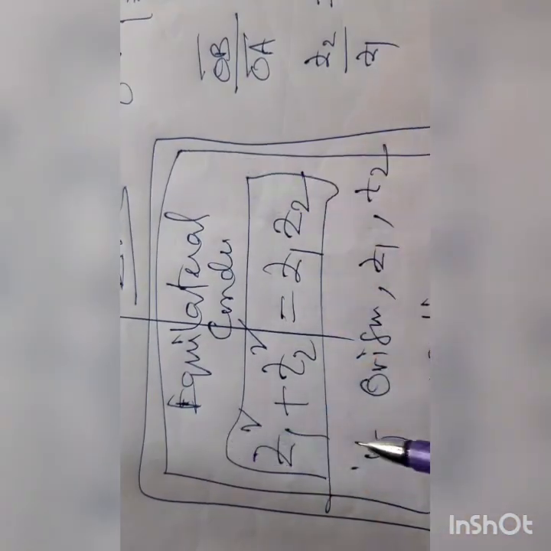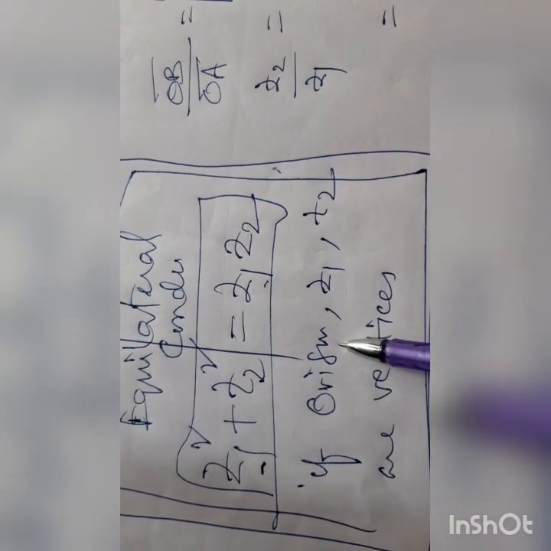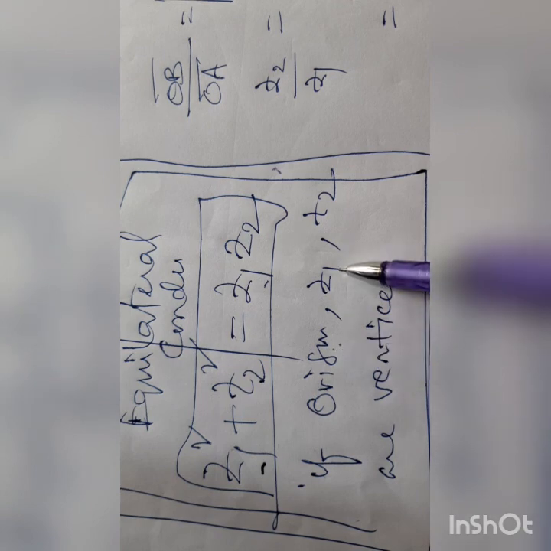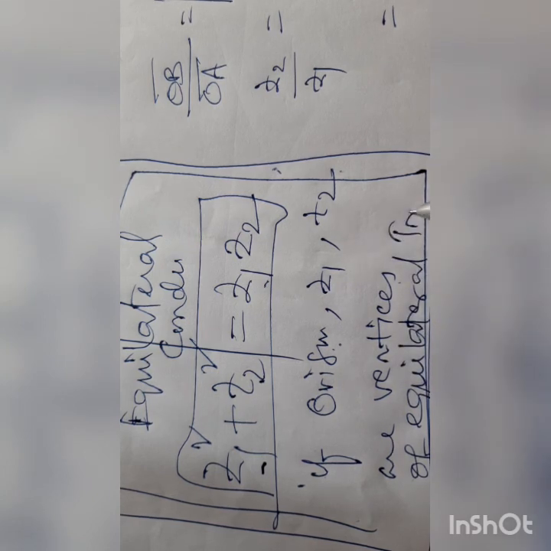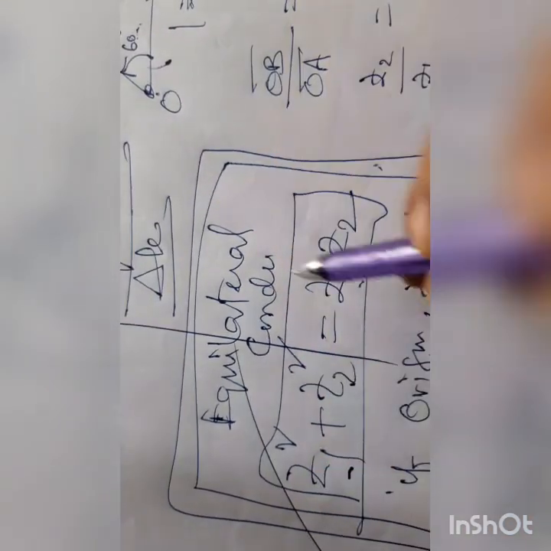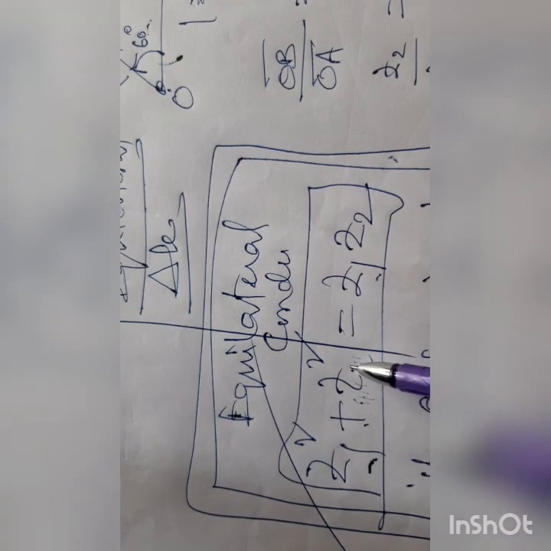The equilateral condition is Z1 square plus Z2 square equals Z1 Z2 if origin, Z1 and Z2 are vertices of an equilateral triangle. This everybody must remember. By this, we can answer some questions in JEE Mains. Okay?